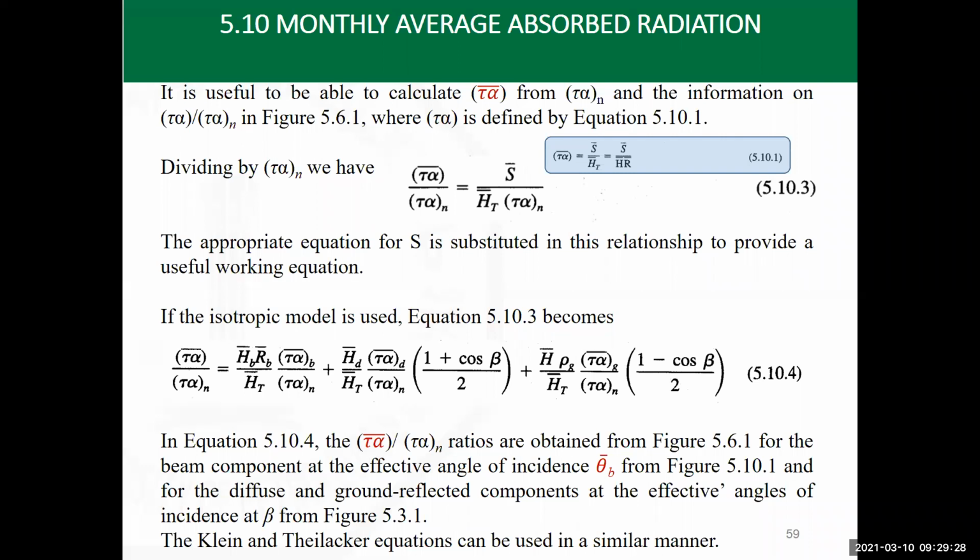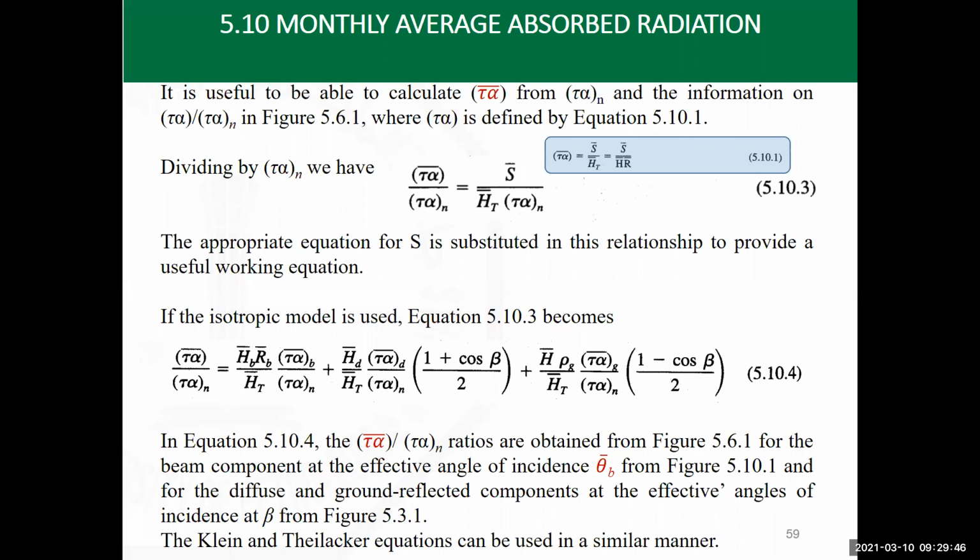S is the radiation absorbed on that surface. And this ratio provides us with the value of tau alpha bar. HT is nothing but the product of H and R.